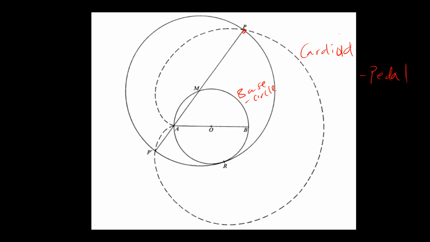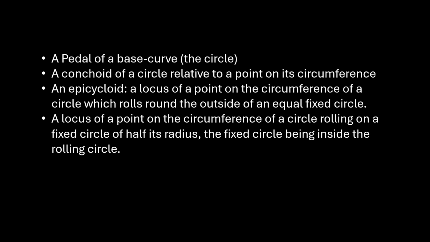But also we saw that this cardioid is a curve that is created when you have a circle that is outside another circle rolling, and we have one point fixed, and that could be looked at as an epicycloid where the two circles are of the same radii. We've also looked at this situation where we have a circle outside rotating around the base circle, and we see point P. So there are a number of definitions.